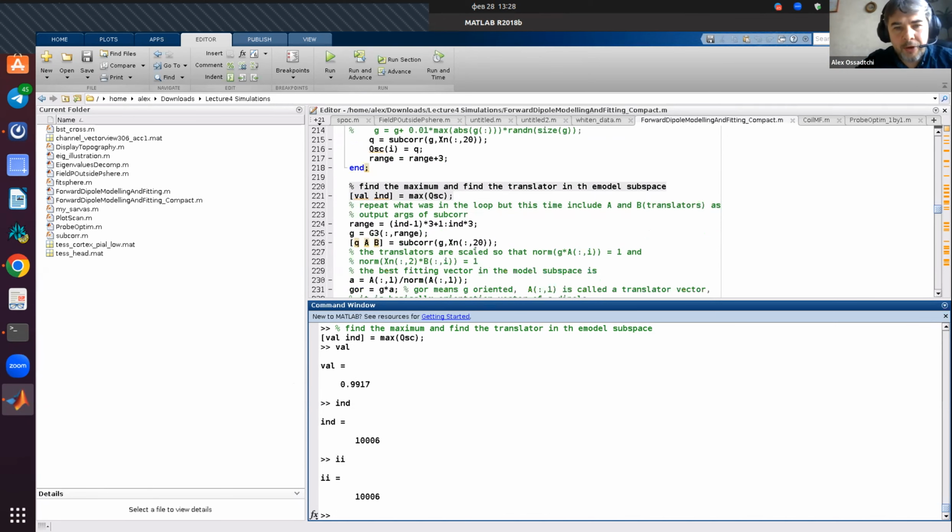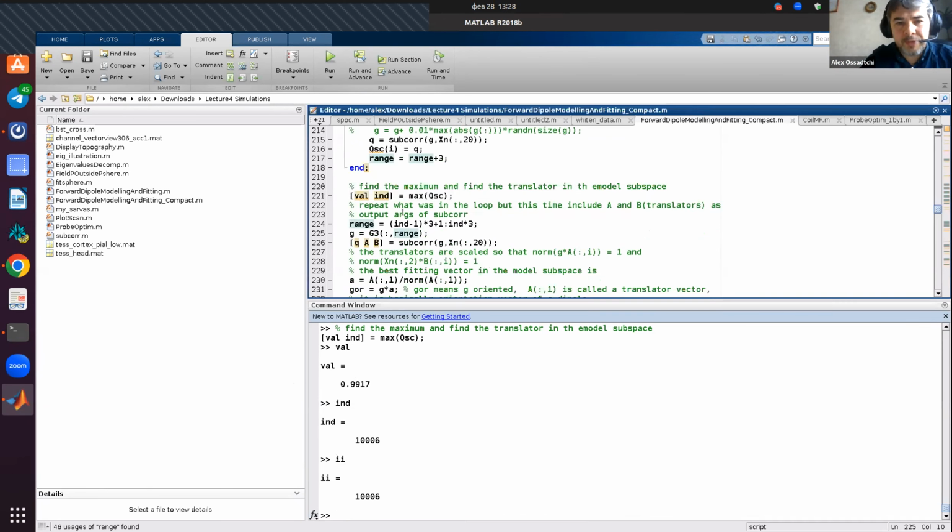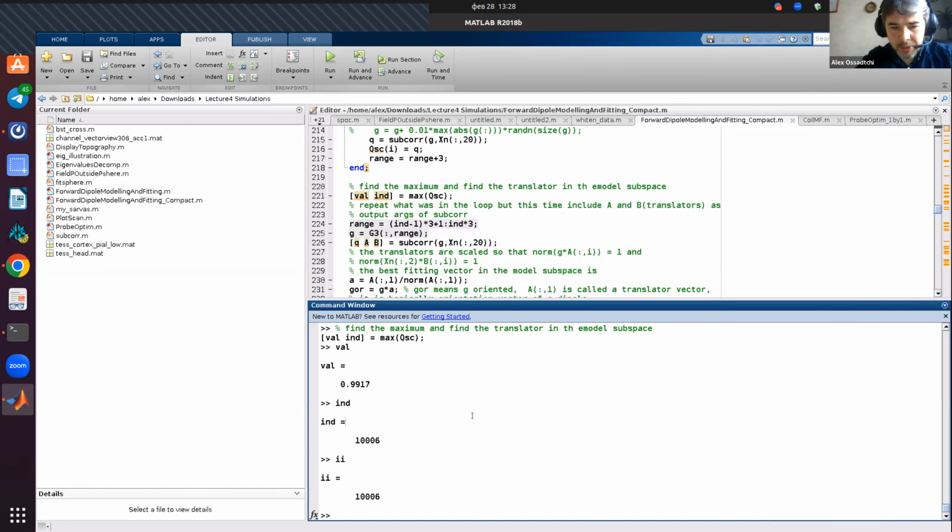Okay, so now look, let's do SVD. Let's take the model corresponding to this source, the source with index 10,006. So we just took this corresponding triplet of columns of G. G3 is a matrix of size number of sensors by 3 times number of sources.